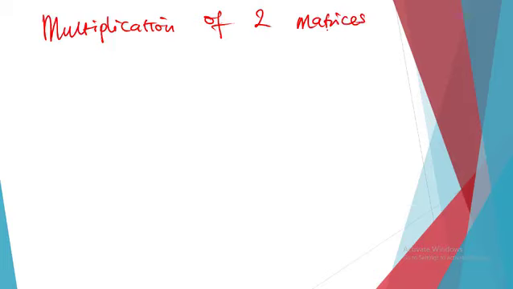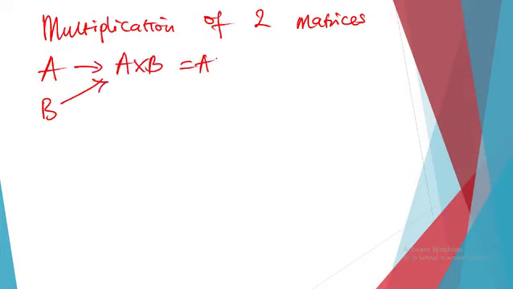Now if we have matrix A and matrix B, to find the product of A and B, it means A times B, and that will give us AB.